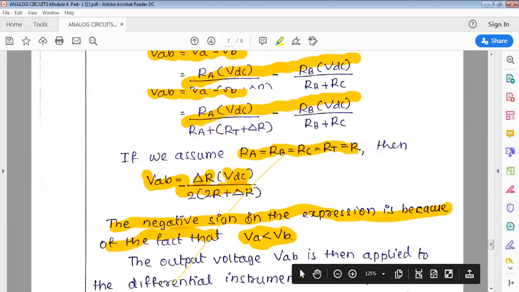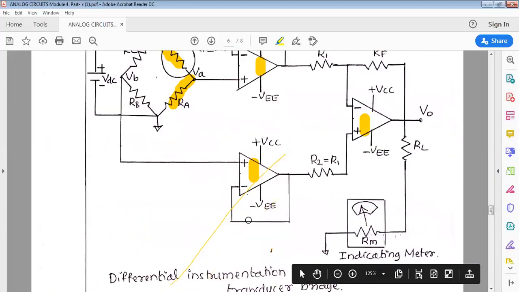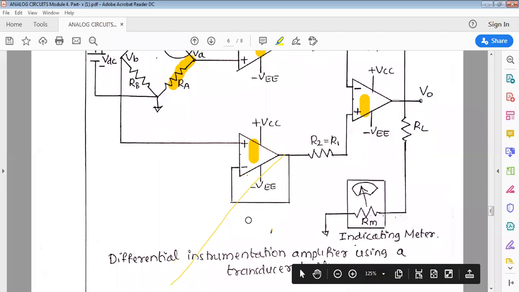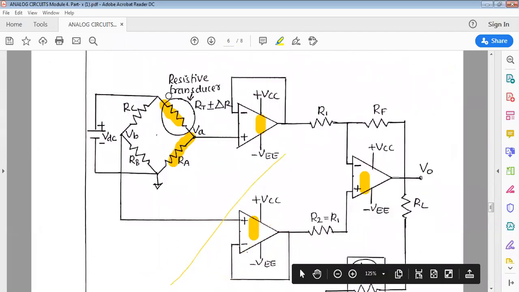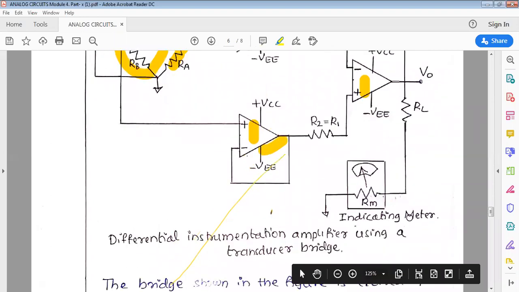So this was about the working principle of this instrumentation amplifier, which consists of a transducer bridge, 3 operational amplifiers, and a deflection meter, which shows the change in the resistance or the current value with respect to RL.